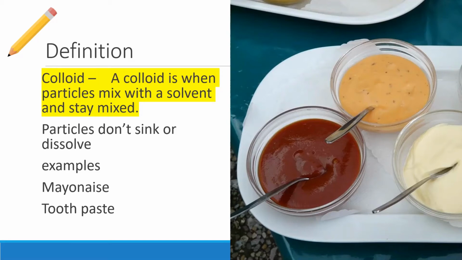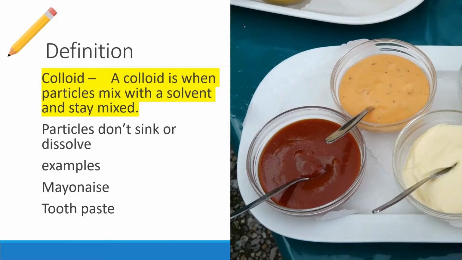Normally, a particle would sink to the bottom, but it doesn't. Or it would dissolve, but it doesn't. So it just stays mixed. It doesn't change. Another example, if you're not a fan of milk, is mayonnaise.